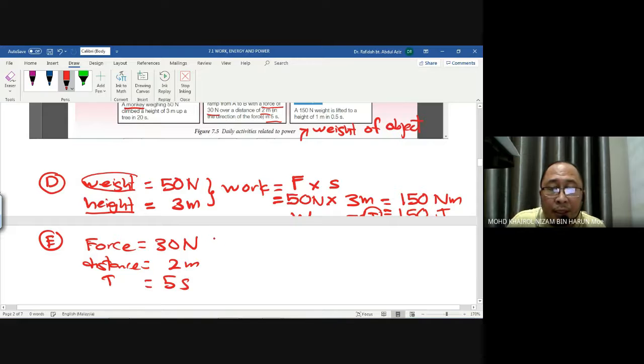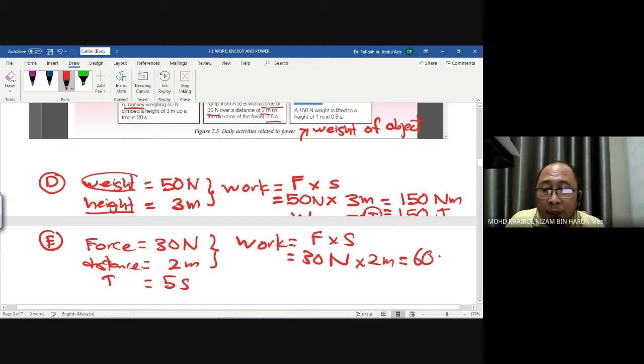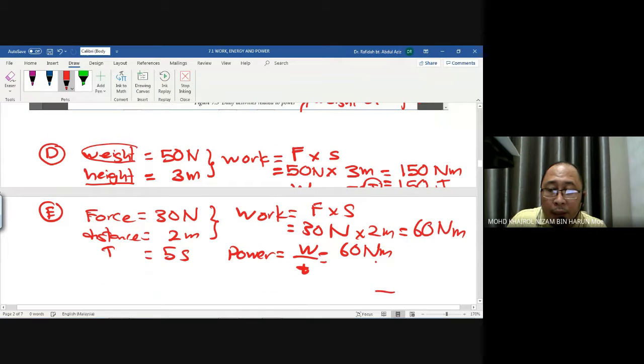So this one is very easy. Just calculate work. Work is force times distance. So we get 30 Newton times 2 meter, which is 60 Newton meter, or 60 joule. So the power is work done divided by time: 60 Newton meter divided by 5 seconds.